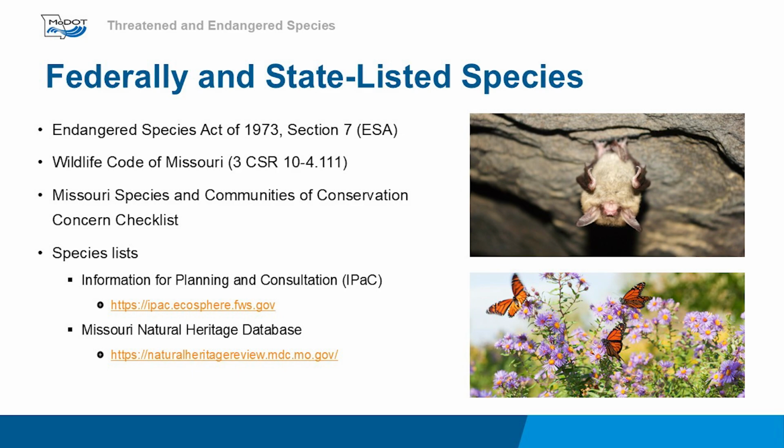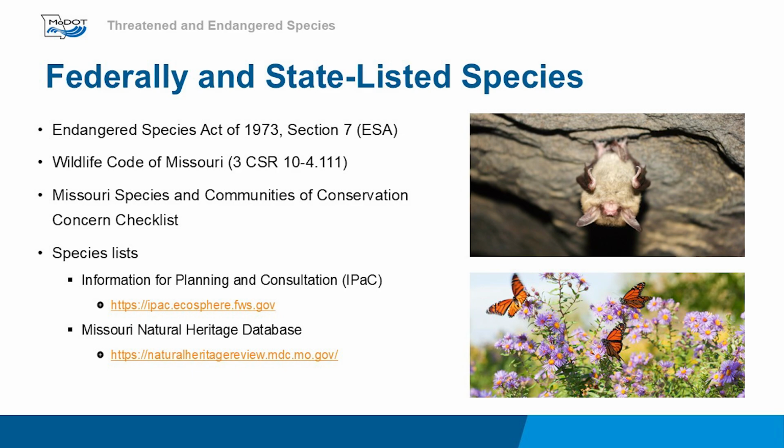Species and communities listed in the Missouri Species and Communities of Conservation Concern checklist are referred to as Species of Conservation Concern. To determine which federally and state-listed or protected species you need to consider for your project, you will need to obtain a list of federally listed species and a list of state species for your project area.